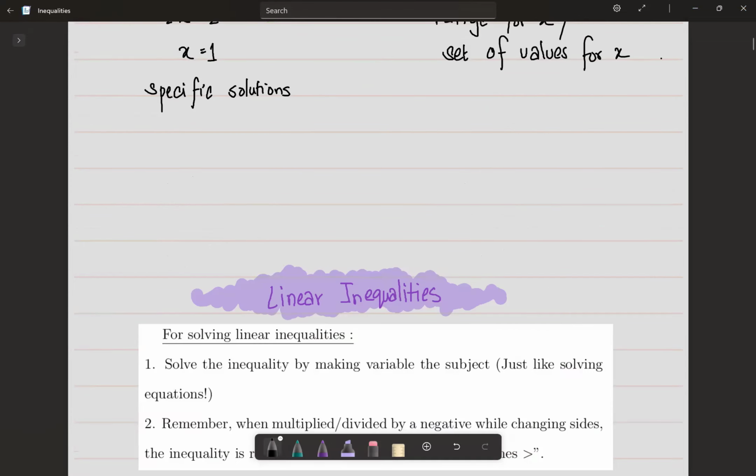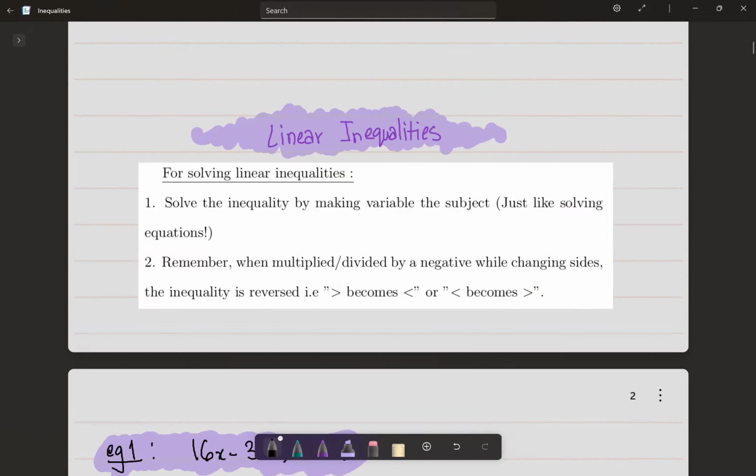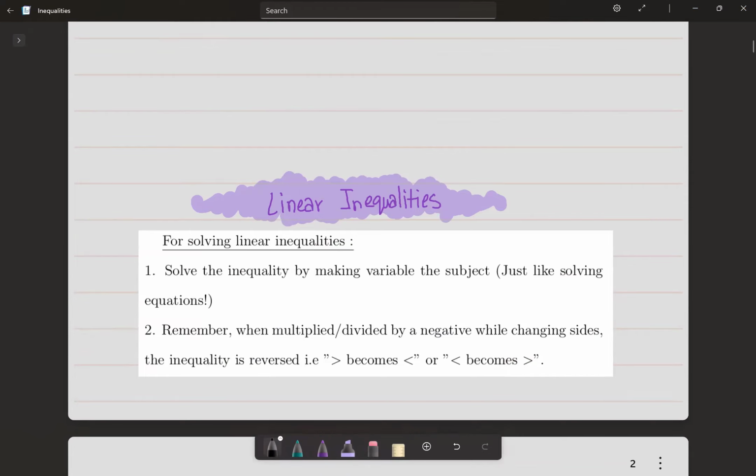So what we will be learning today is how to solve linear inequalities. Linear inequalities means that the power of the variable is 1; the maximum power of the variable is 1. We solve them by making the variable the subject, just like how we solve equations.